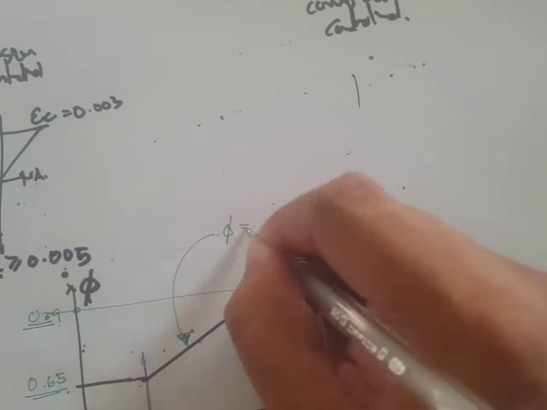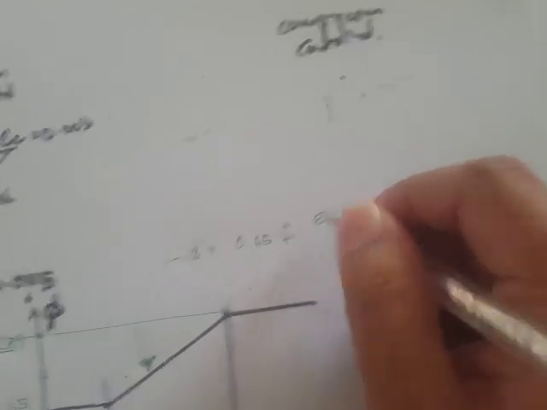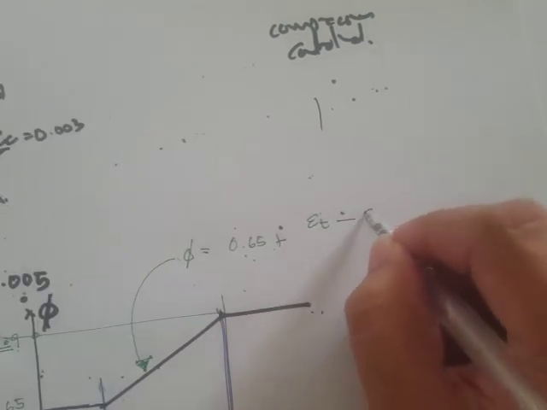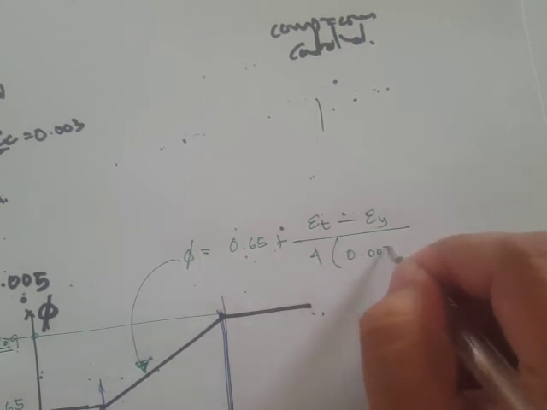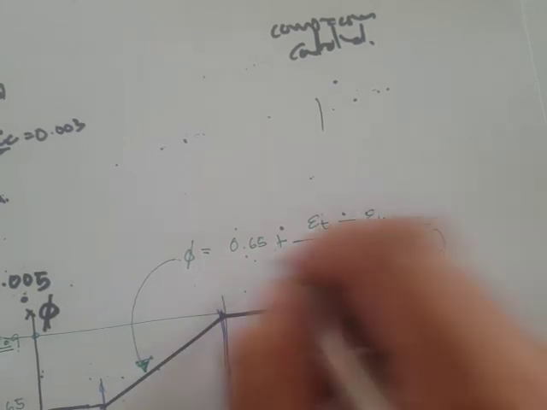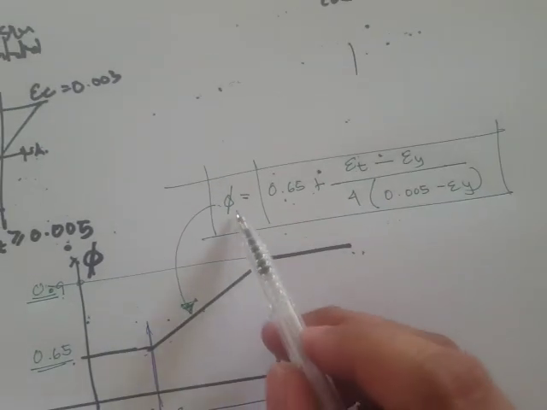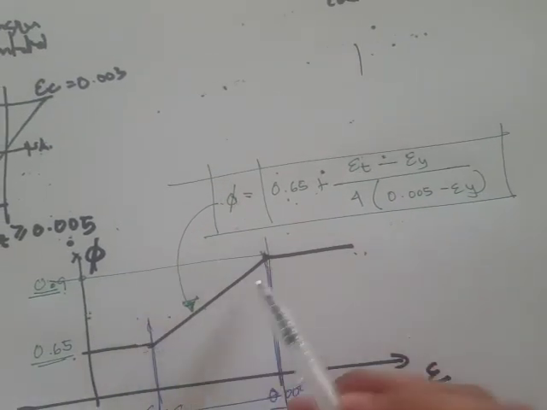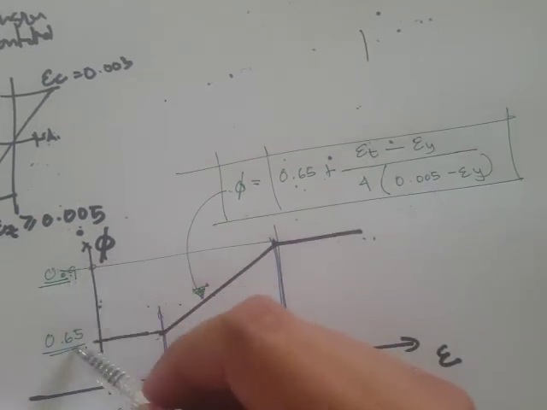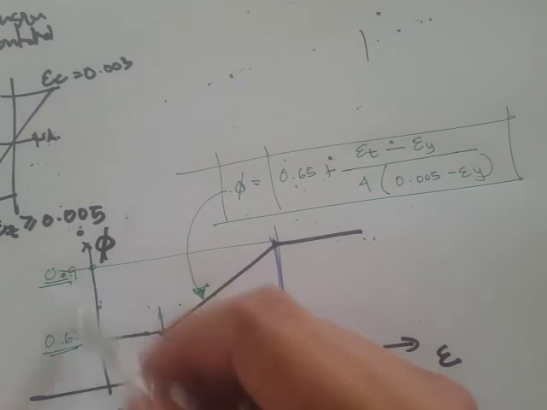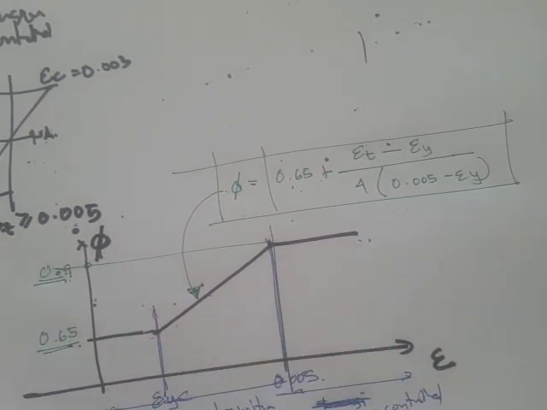We have an equation: 0.65 plus the strain in the tension steel minus the yielding strain, divided by 0.005 minus the yielding strain. So you can solve it. Of course, this value, if you're in the transition region, will be between 0.65 and 0.9. So that's the upper limit, and this is the lower limit.